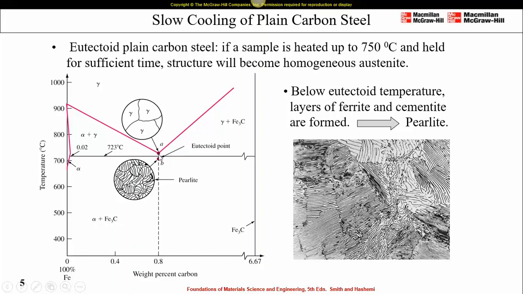As it is cooled through the eutectoid temperature at 723 degrees Celsius, gamma is converted into a layered structure of alpha and iron carbide. We observe this structure on the right.